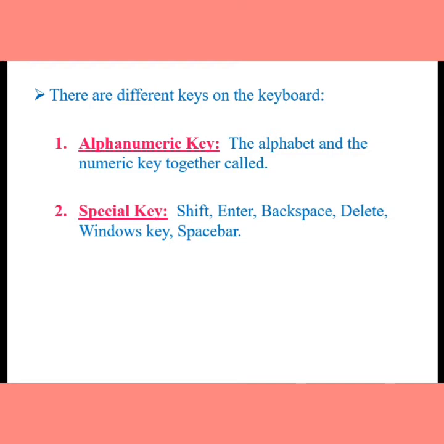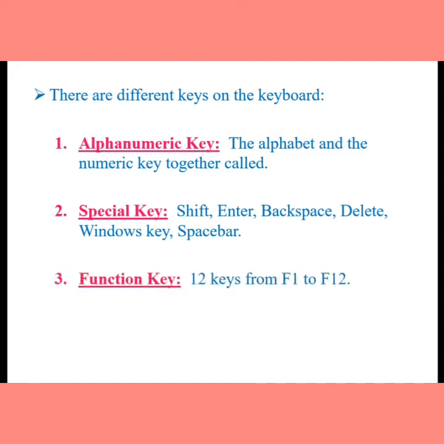The Spacebar key is used to give space between two words. If we are typing a sentence, we have to give some gap between two words, and using the Spacebar key, we can create that gap.